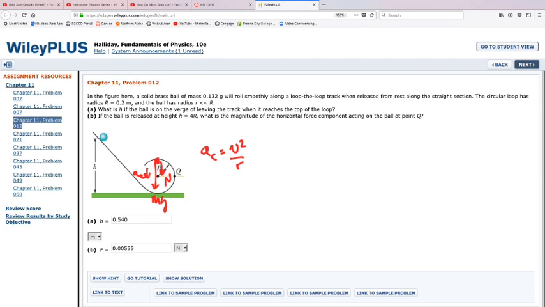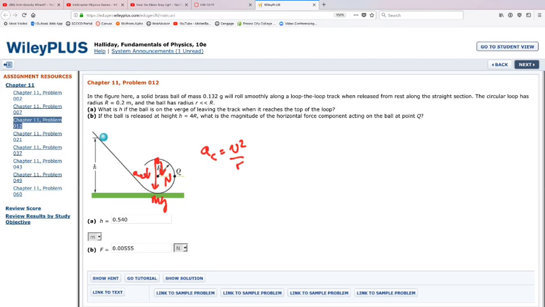So you'll know what speed it has to have at that point. That becomes your final speed. Where are you going to put the initial position? Up at h, where it starts, and you're going to solve for h. Don't forget to include the fact that it's rolling down, so you're going to have a 1/2 I omega squared term for your energy.